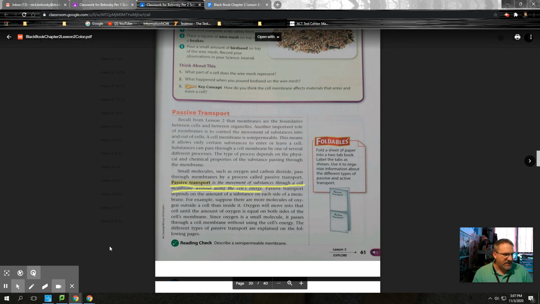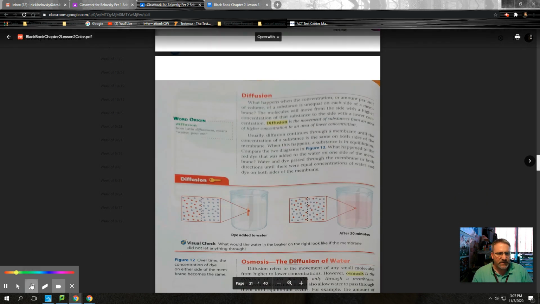All right. Next, the next word is diffusion, and it is down here. What is diffusion? Diffusion is the movement of substances from an area of high concentration to an area of lower concentration.